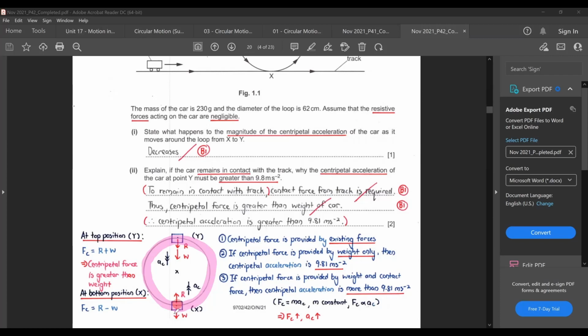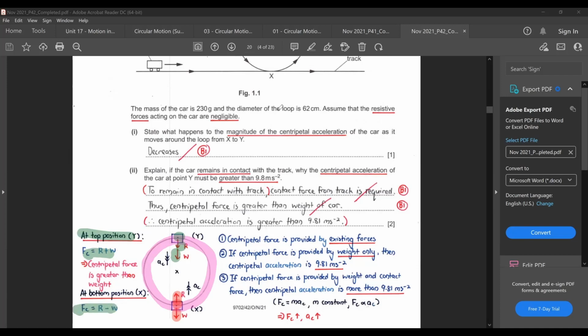At the bottom position, you will have weight downwards and reaction force upwards. At the top position, you will again have weight downwards and also reaction force downwards. So at the top position, your centripetal force would actually be R plus W. But at the bottom position, your centripetal force would be R minus W.